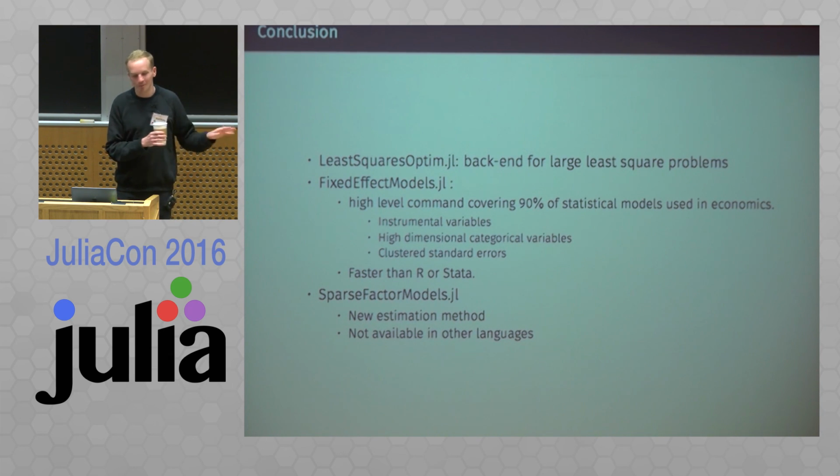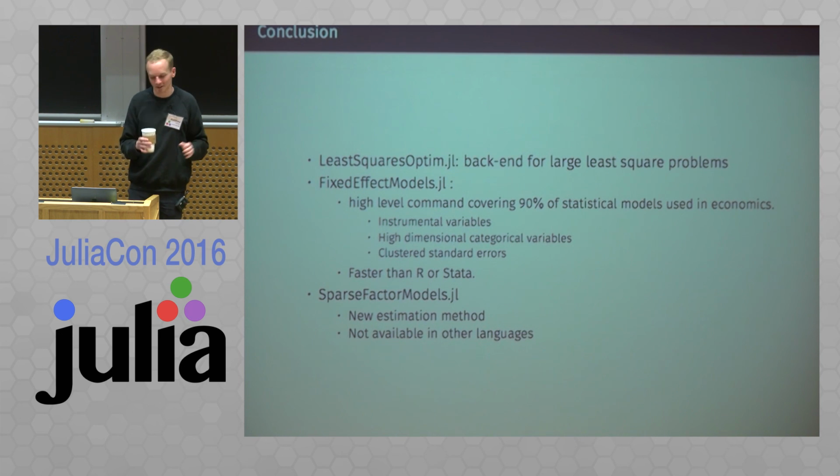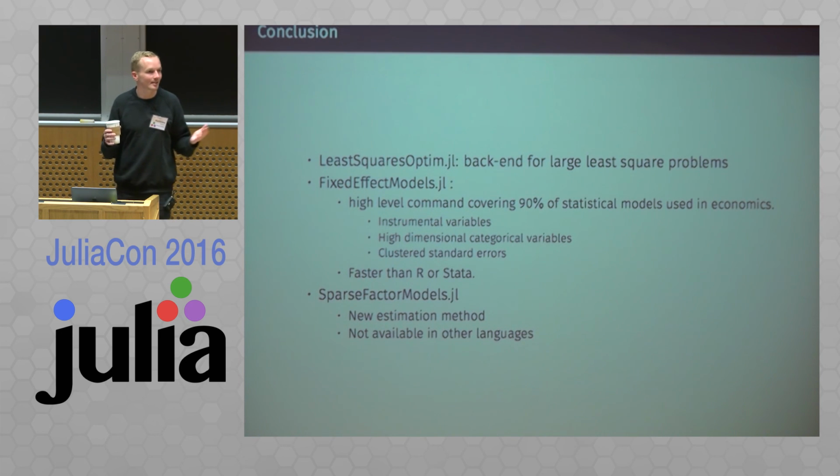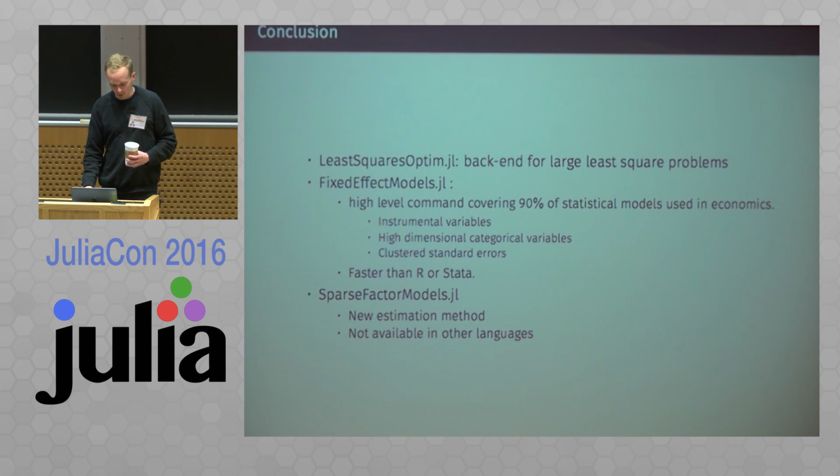People ask me questions, well, my estimation method doesn't work in Stata, and I say yeah, because I couldn't code it properly in Stata, so you should install Julia. And then they write back an email saying yeah, it's amazing. So that's just a way to attract people to Julia, even if it's not that popular in economics compared to the fixed effect models.